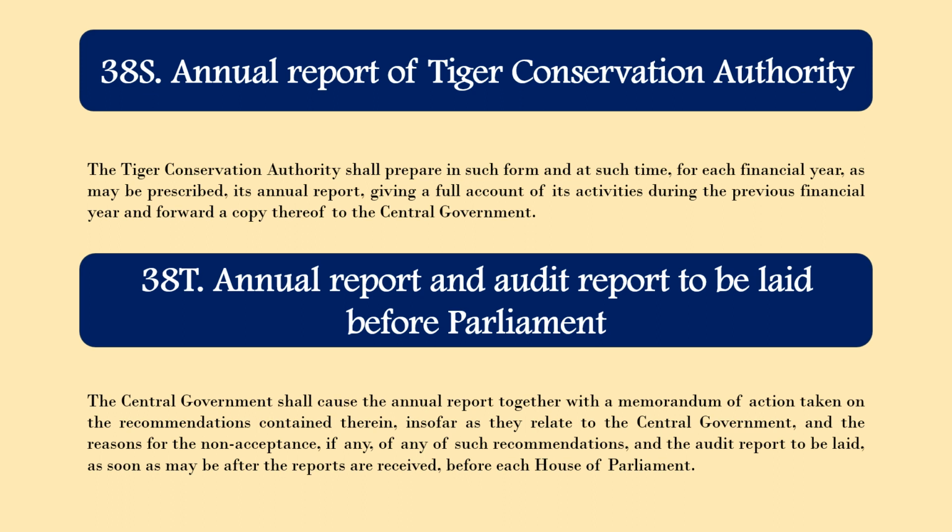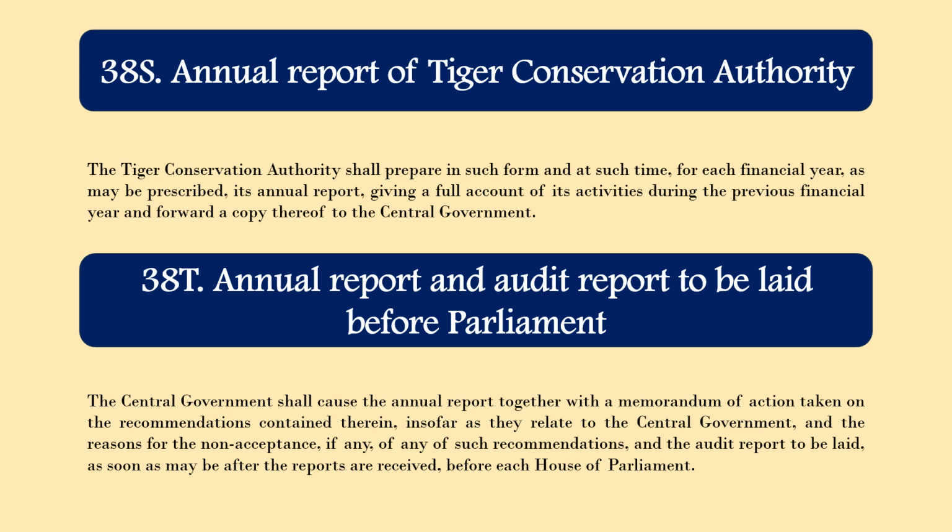In section 38T, it talks about the annual report and audit report to be laid before Parliament. So the central government will receive an annual report along with the action plan of the authority, and they have the right or reasons for non-acceptance also.